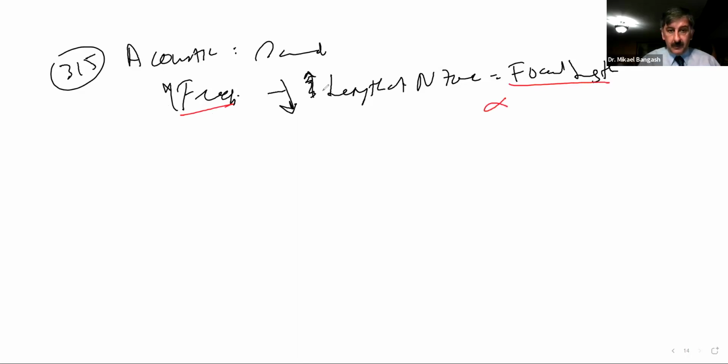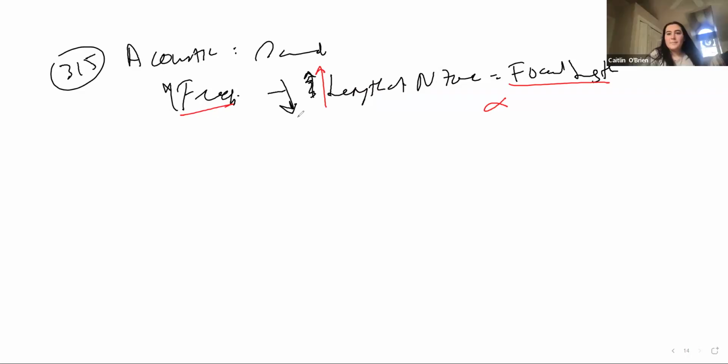So a higher frequency will lead to a greater focal length, a greater length of the near zone, not a shorter. Did that make sense? Yeah. Good.